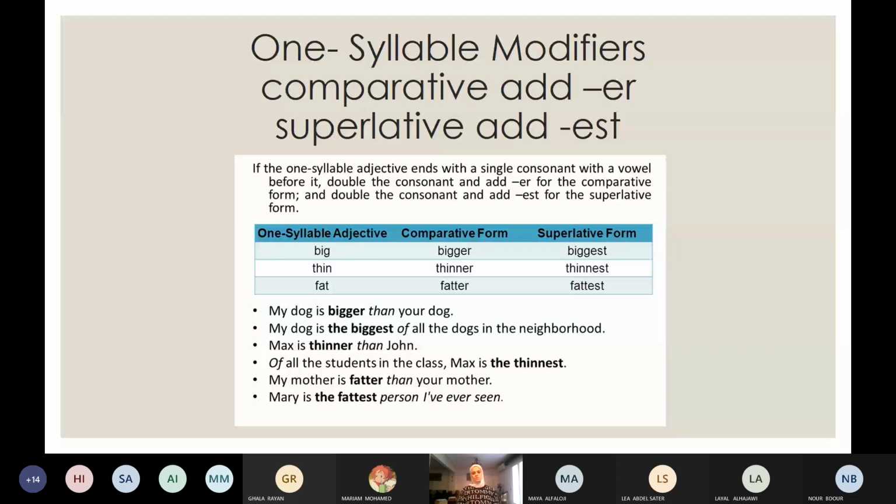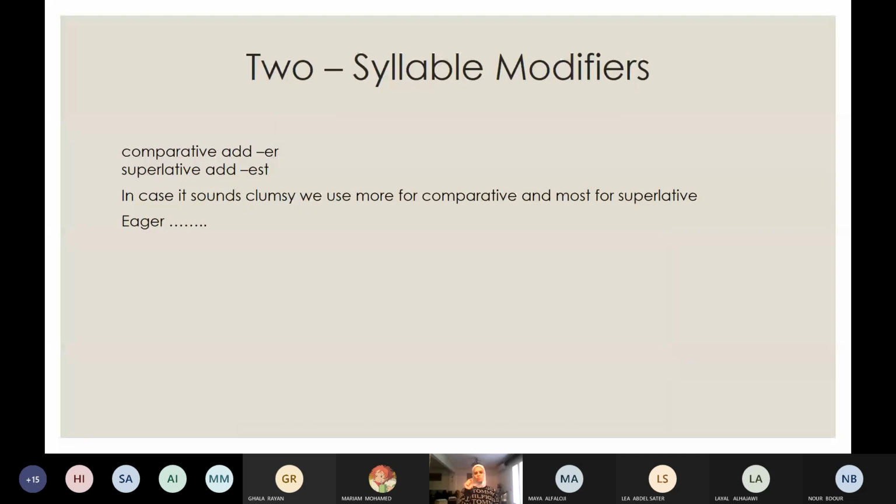Two syllable modifiers. What if I have a word with more than one syllable, two syllables? Eager. Look at the word eager. Eager, I changed the opening of my mouth, which is two syllables. Comparative, I add ER. Superlative, I add EST. In just a few cases, if I find that the word is clumsy, I cannot add ER. Like the word eager, I can say eagerer.